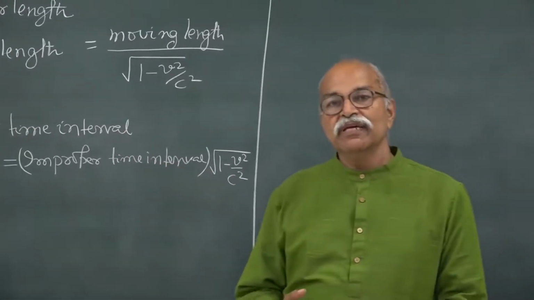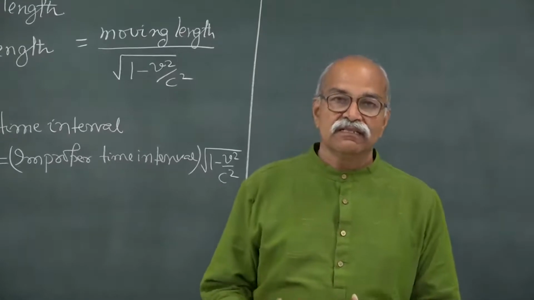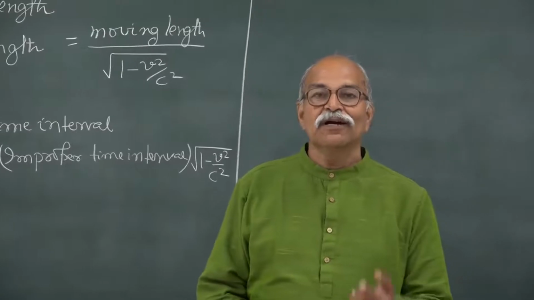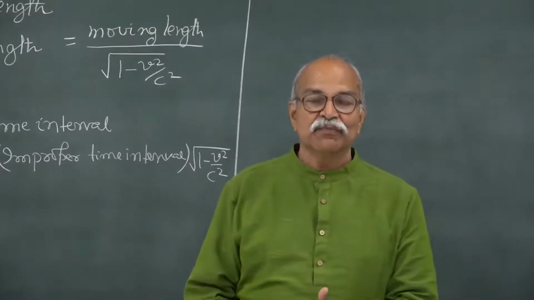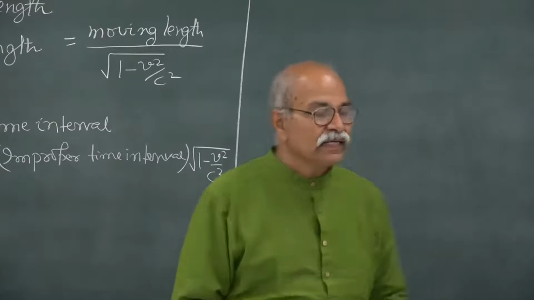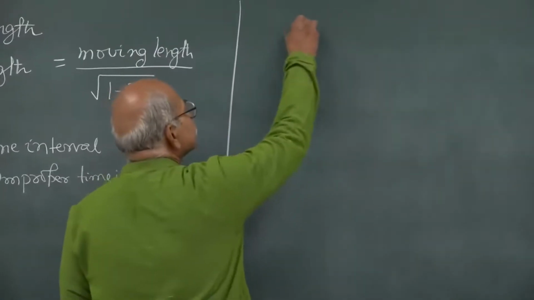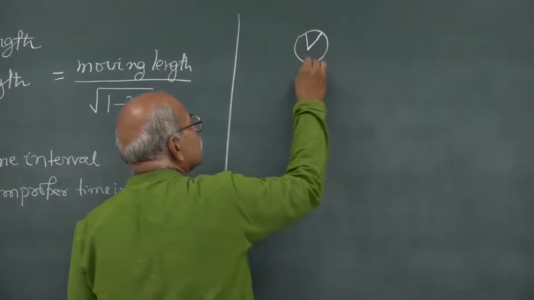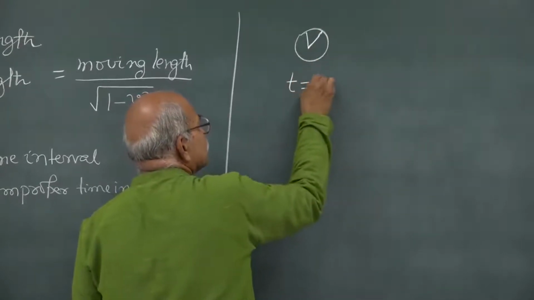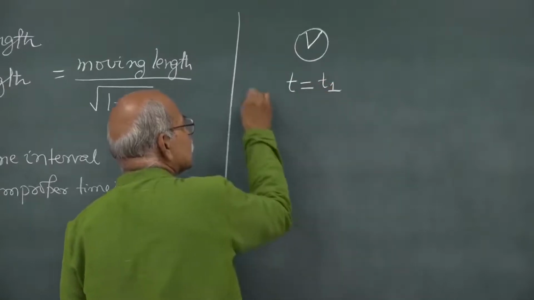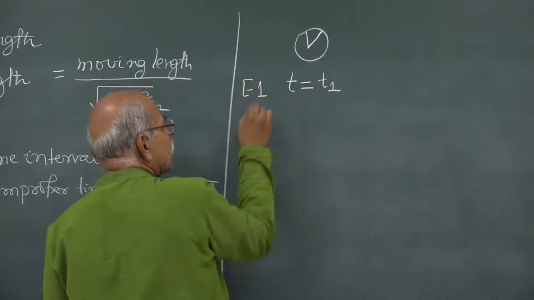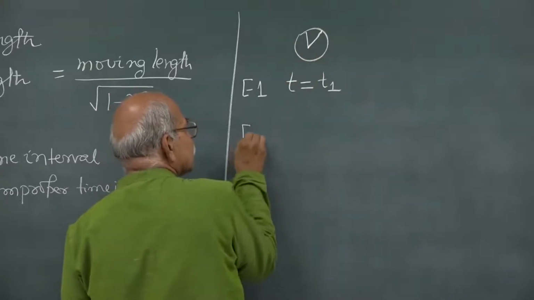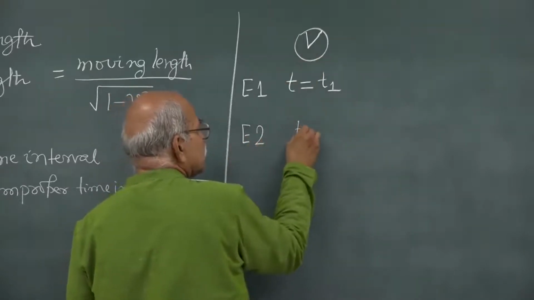Now, this proper time interval and improper time interval are connected by this. This can also be termed in a different fashion, how the clocks run. Suppose you have a clock, and this clock tells the time t equal to t 1, this is event E 1, and after some time this same clock gives me time t equal to t 2.